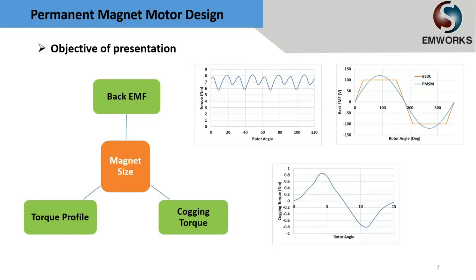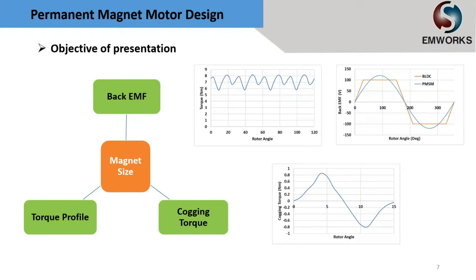Back EMF is the voltage induced in the stator winding due to the rotation of rotor magnets at a certain speed. The value of back EMF directly affects the generated torque and power of the machine.